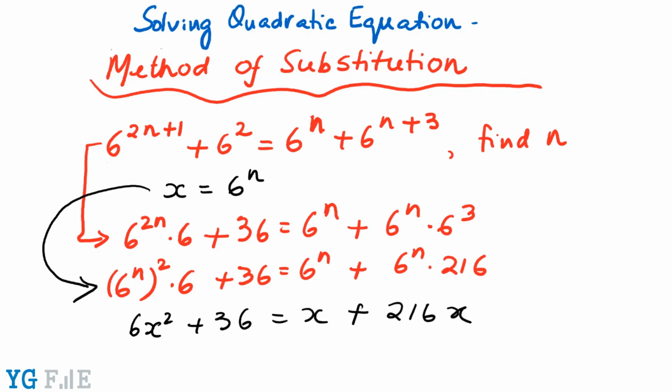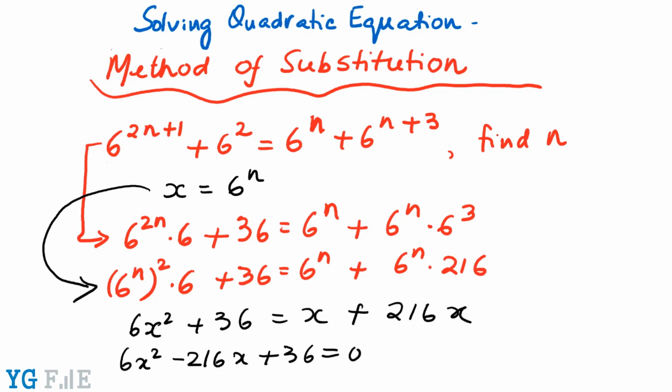Now let us solve this one by moving all the terms. So we will get 6x square minus 216x plus 36 equal to 0. So we have tried to put it in the ax square plus bx plus c format.